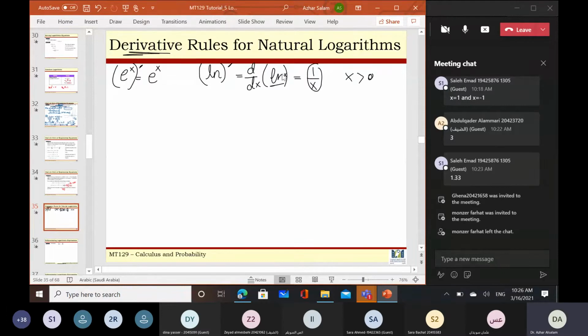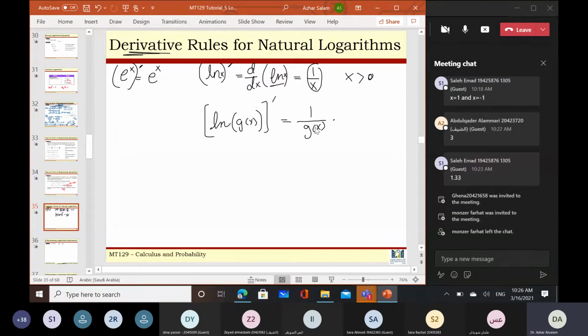But if I have a function inside the ln, let's say g of x, then its derivative will be the reciprocal of this function, the reciprocal of what is inside the ln. I take what is inside the ln and put it in the denominator, 1 over g of x.